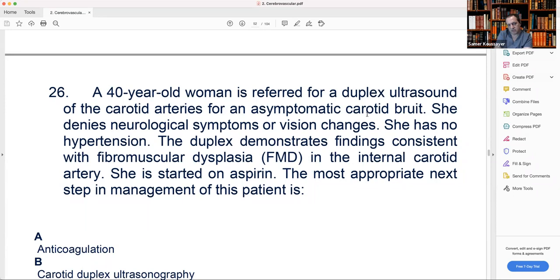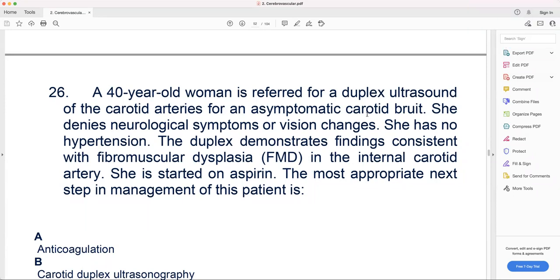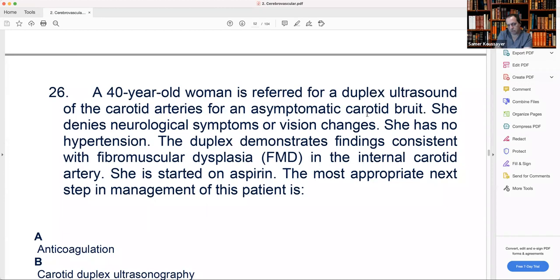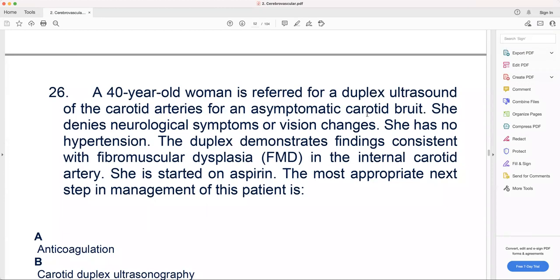If asymptomatic, the patient needs just medical therapy in the form of antiplatelet, just to prevent TIA or stroke. And if the patient came with symptoms, we have two options. Either open, it's an option, and endovascular is another option.